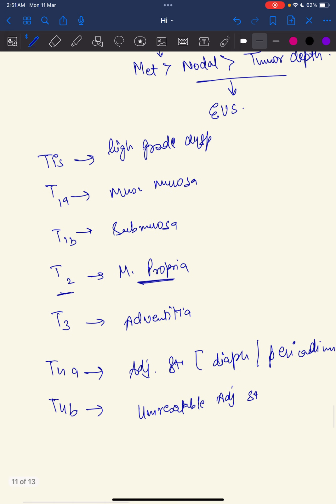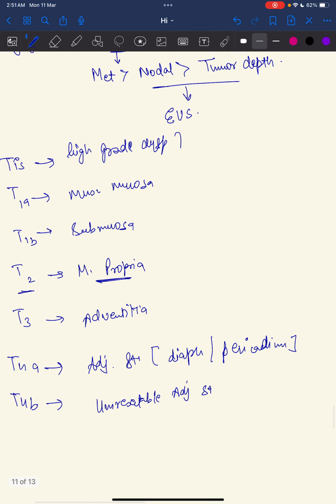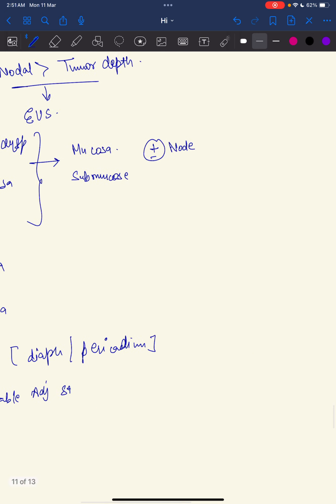So up to T1a, T1b, that is till the submucosa, it doesn't matter whether it is associated with nodes or not, till the submucosa level we are going to call it early gastric cancer.